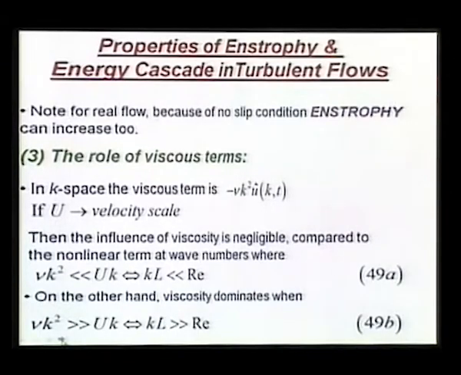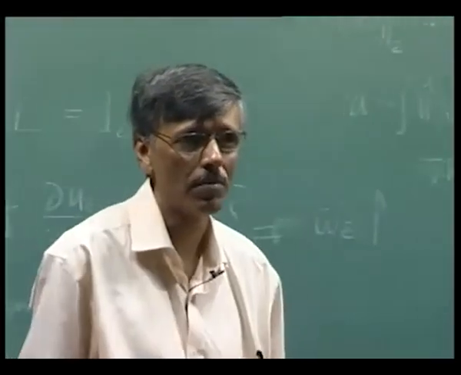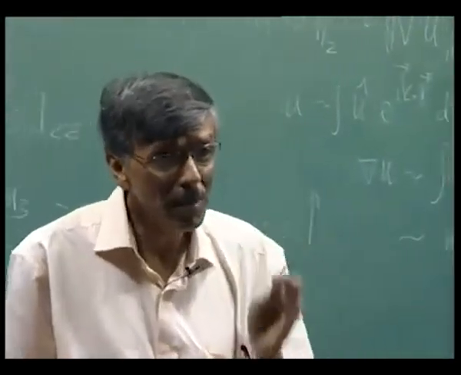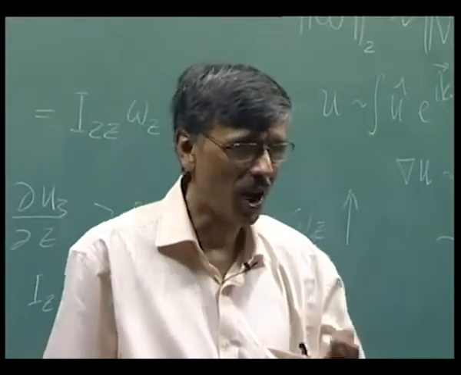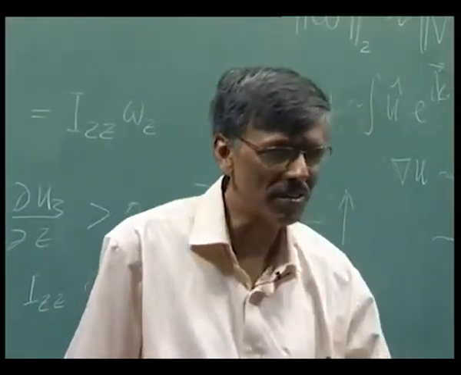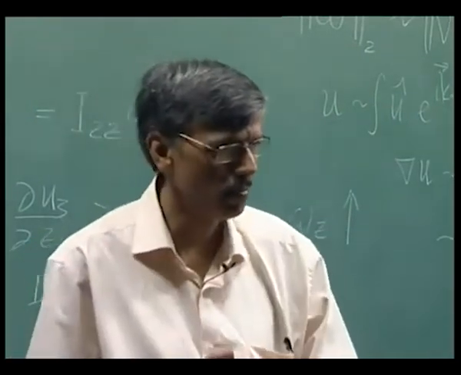On the other hand, if you look at nu k square far greater than this, that will be what? Those corresponding k's will be much larger compared to Re. So, if you prescribe a flow with a given Re, it basically gives you a kind of line of demarcation. On one side, to the left of it, viscous terms are unimportant, to the right of it, viscous terms are important.